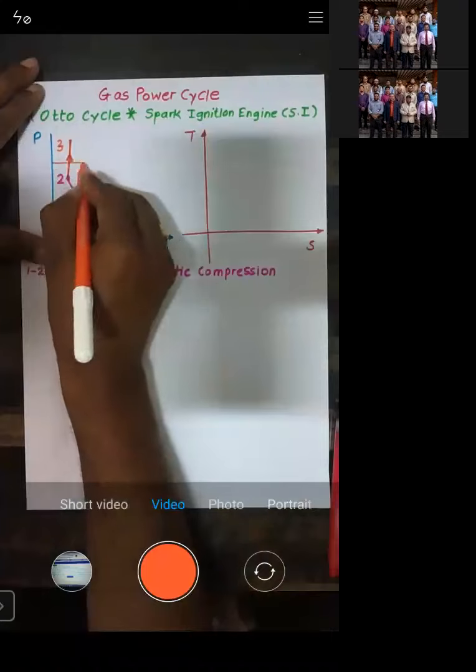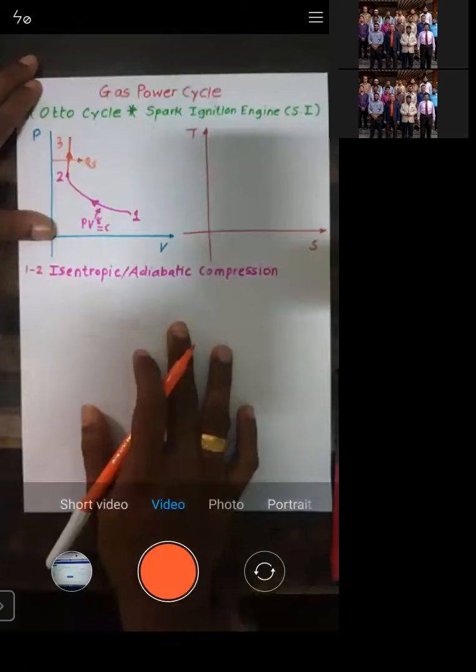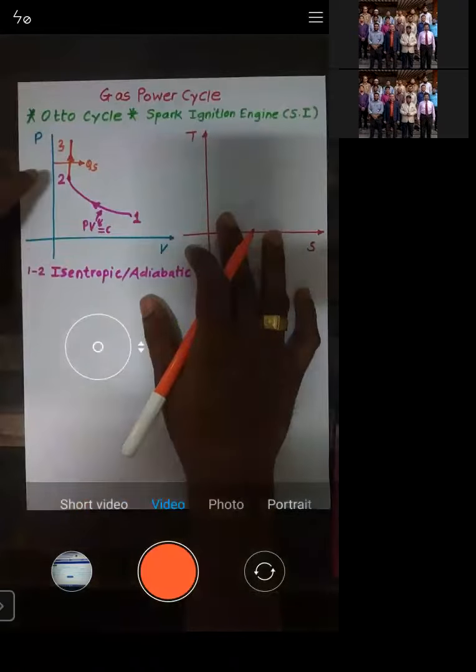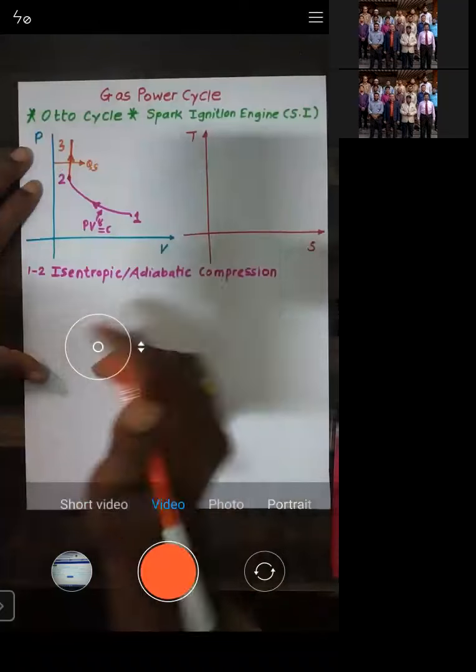During which heat is supplied. How much heat is supplied? QS amount of heat is supplied. By keeping the volume constant, we are adding the heat, equal to QS.